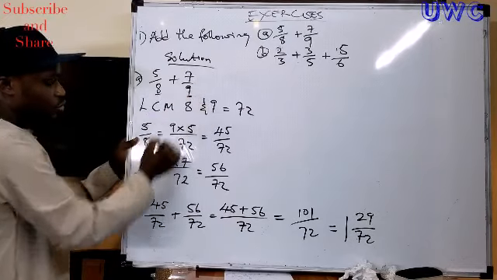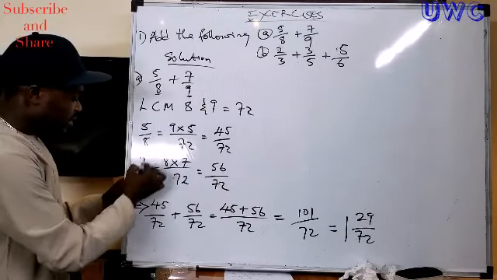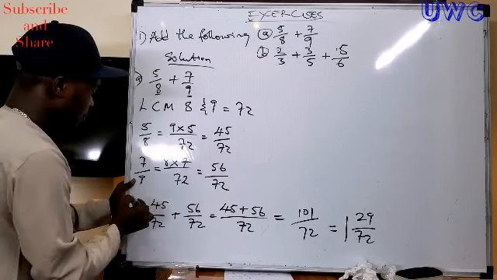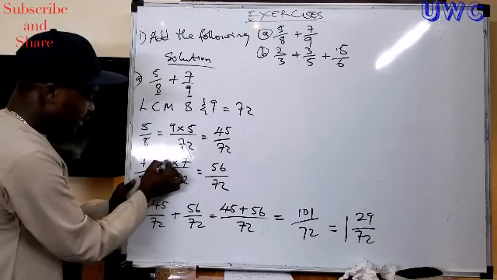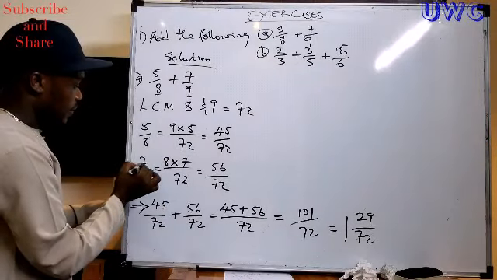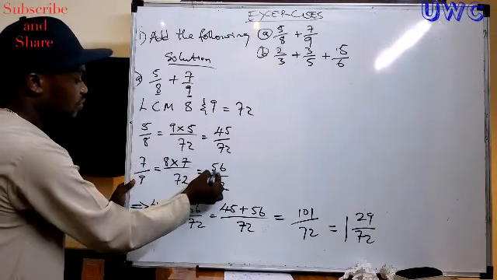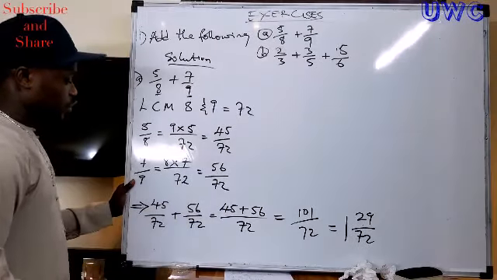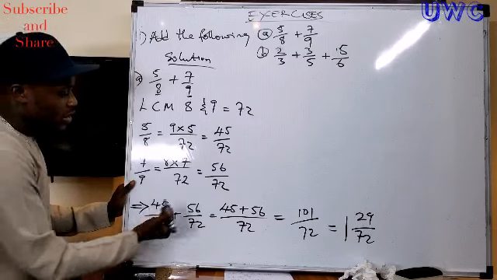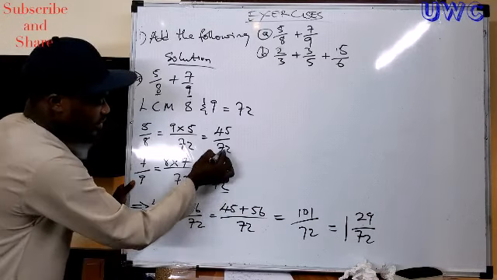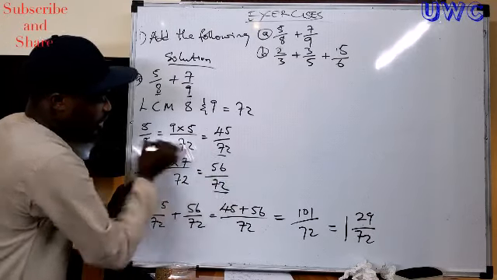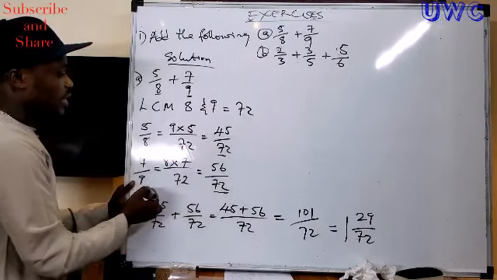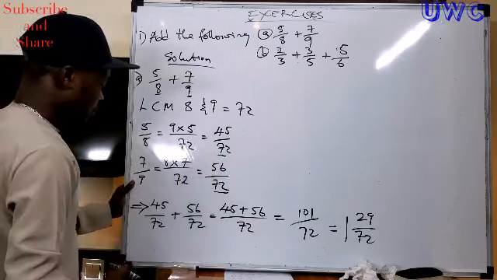We do the same to the other fraction, that is 7 over 9. The LCM is 72. 72 divided by 9 will give us 8. Multiplied by 7 will give us 56 over 72. So we have made the denominator uniform by achieving their equivalent fractions.